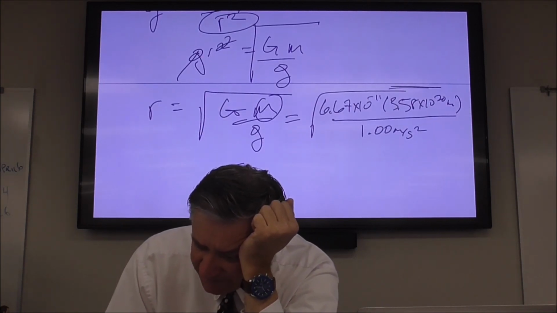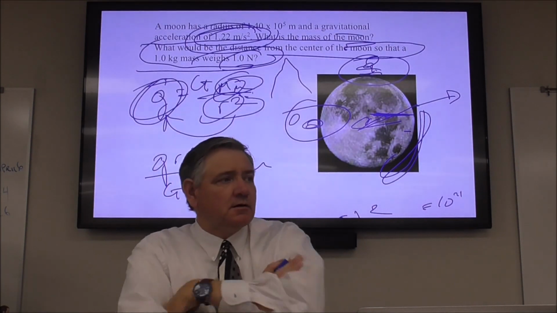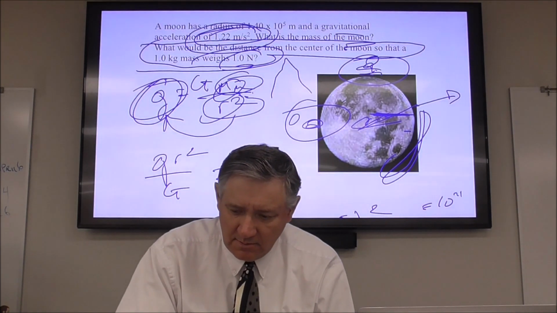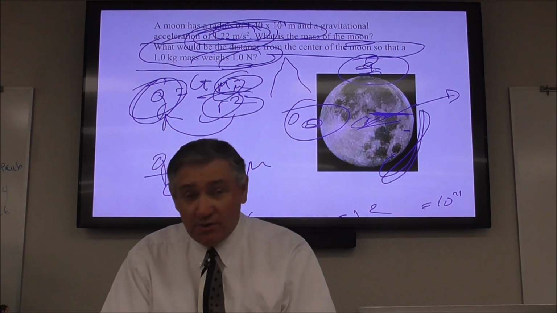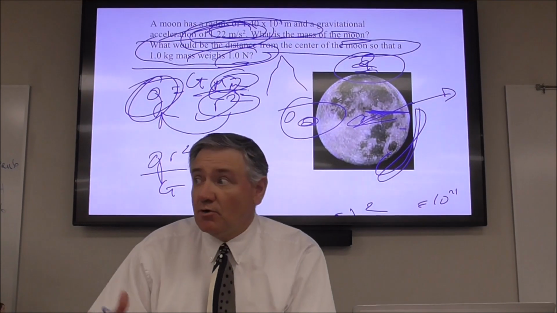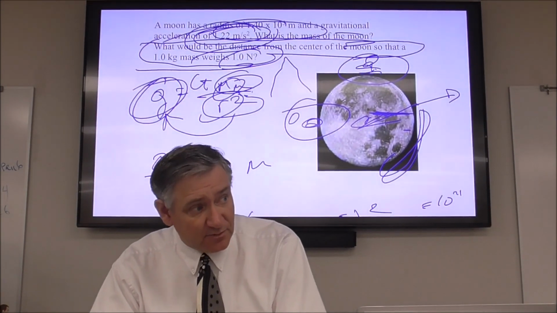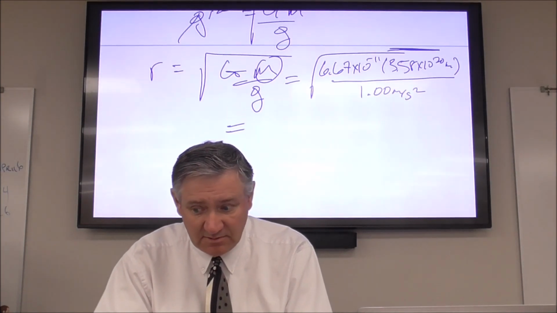So now, obviously, what does your answer have to be bigger than? Yeah, it's got to be bigger than the radius of the moon. So if you do this and you don't get an answer bigger than 1.40 times 10 to the 5th meters, you've done something wrong. And don't forget to take the square root of it.